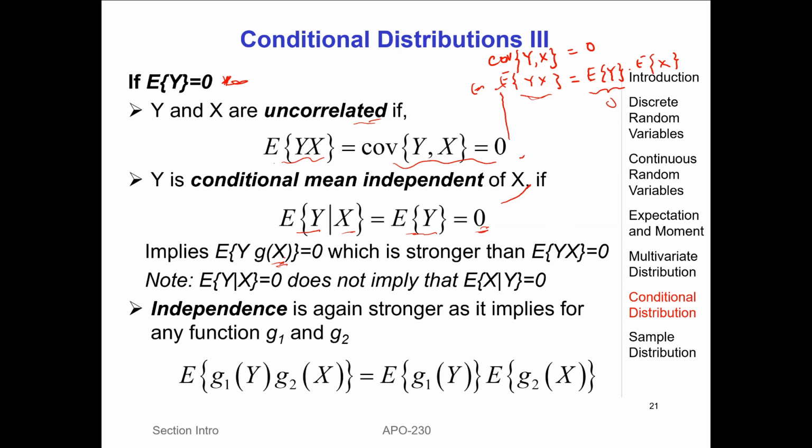And then the strongest level of uncorrelatedness is independence. It implies that any possible function of y, either linear or nonlinear, and any possible function of x, either linear or nonlinear, will be independent from one another. Knowing something about one, or the distribution of one, will not tell you anything about the other.